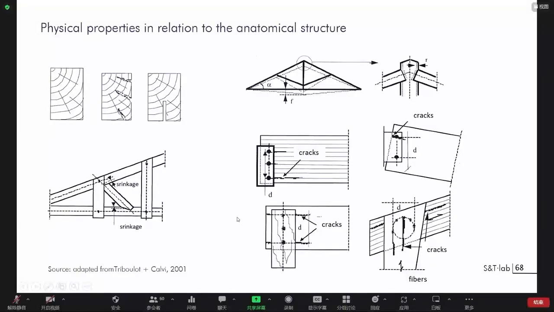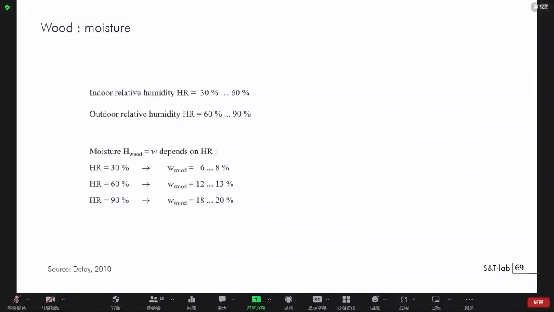So that needs specific attention, since this crack is appearing perpendicular, in tension to the direction of the fibers. And this is the weakest point of timber. So that's indeed a point of attention.